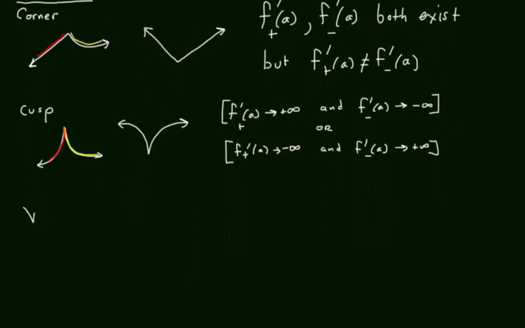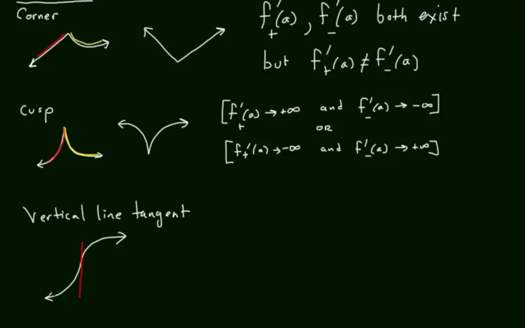Finally, we have what's called a vertical tangent. So let's see if I can draw this appropriately. That might not be good enough. Let's see if we can explore. If I drew it right, there should be one point where the actual tangent line is a vertical line.